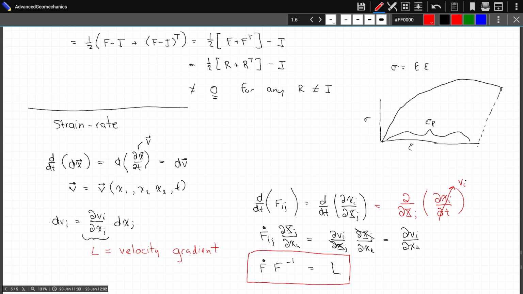Is it dx or dv? That's an X, sorry. Better? It comes from the deformation gradient. We're just taking the time derivative of the deformation gradient.